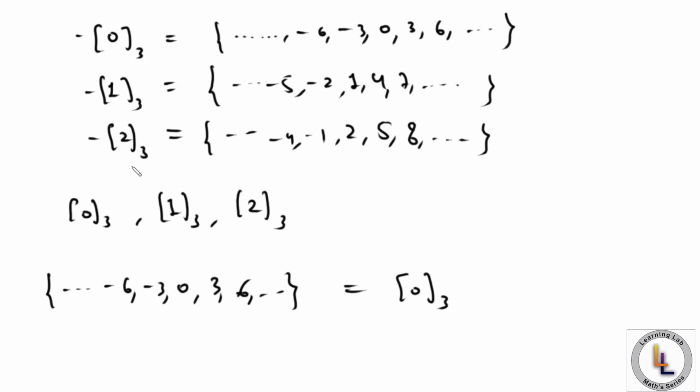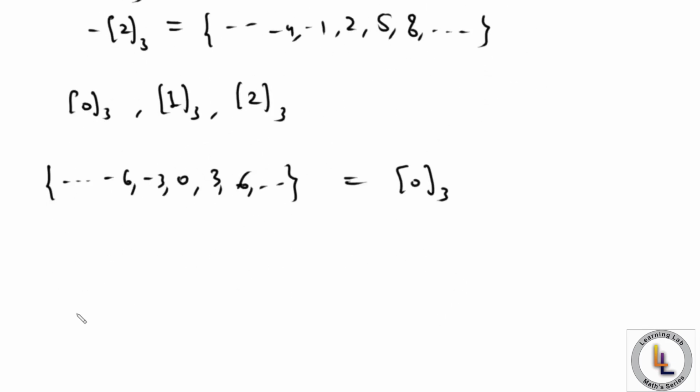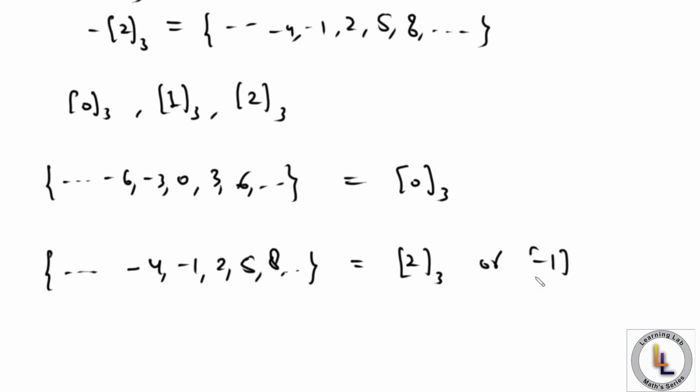For the second residue class, which is -4, -1, 2, 5, 8 and so on, we can use either 2 modulo 3 or -1 modulo 3, because 2 is the least non-negative value and -1 is the number with the least absolute value.